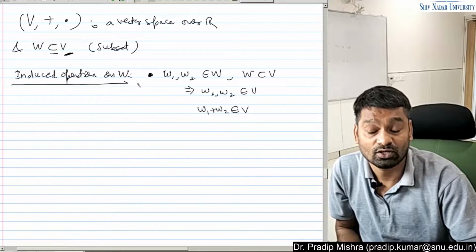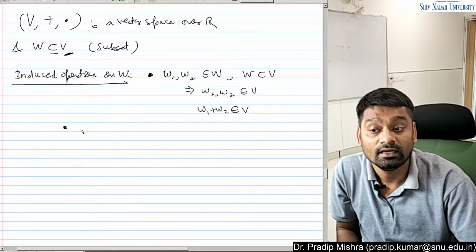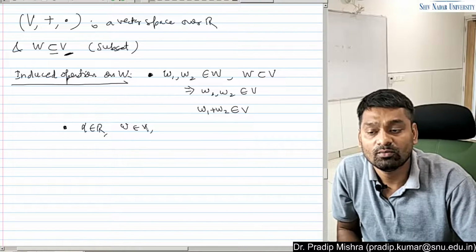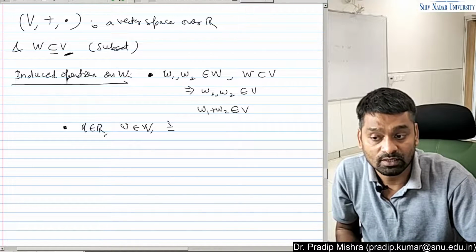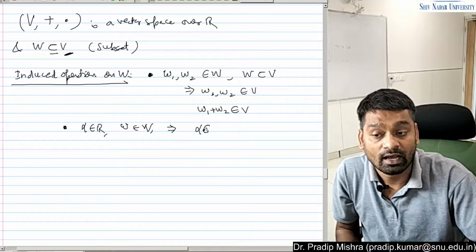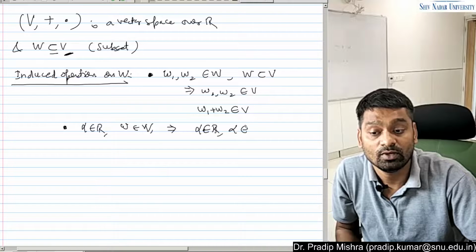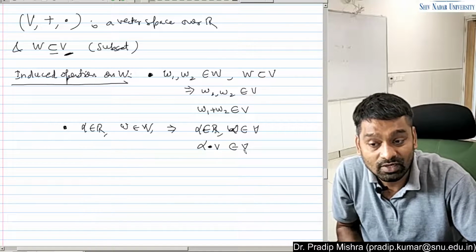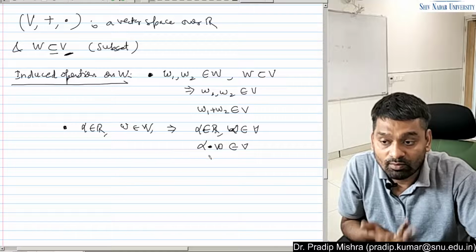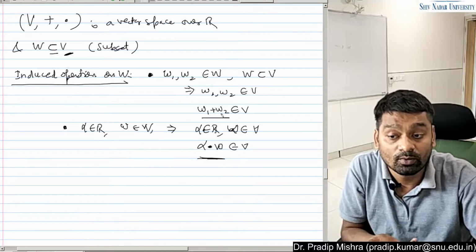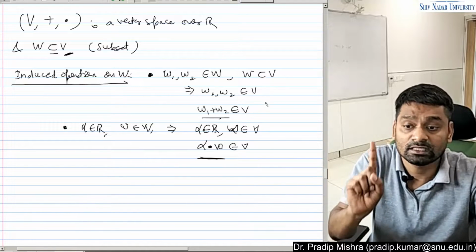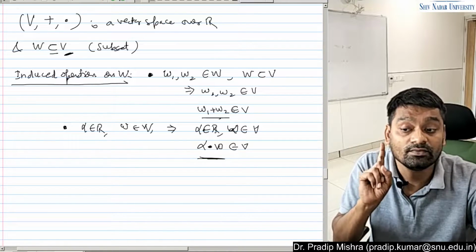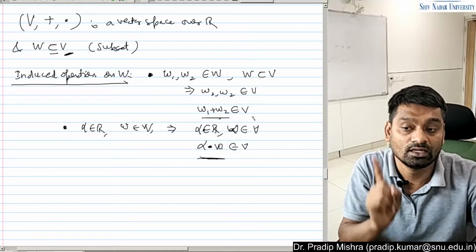We call the first the induced vector addition on W. The second is this: if you have alpha belonging to R and w belonging to W, since W is a subset of V, I will think of w as belonging to V, and then I can talk about alpha times w in V. This is some element in V. So you can talk about alpha dot w, and you can talk about w1 plus w2. These lie in V because V is a vector space, and a vector space is closed under vector addition and scalar multiplication.